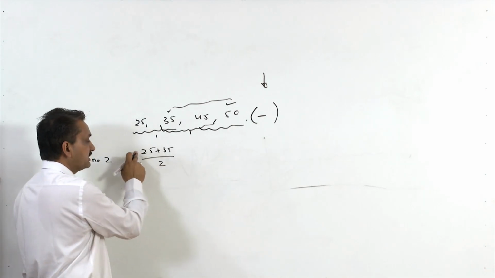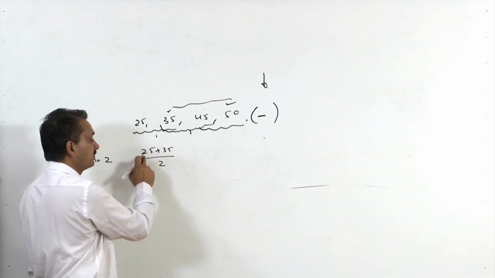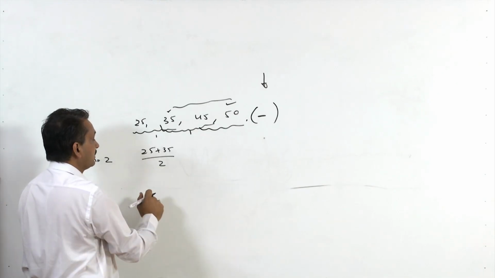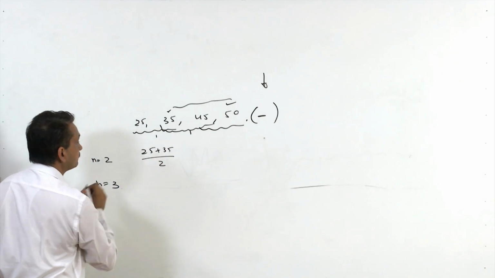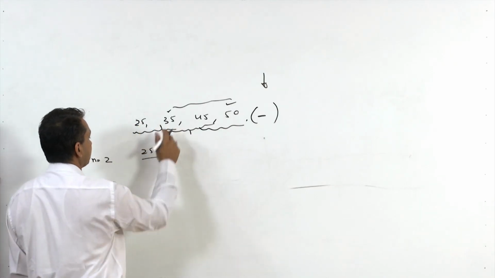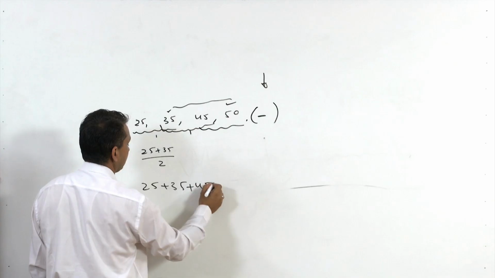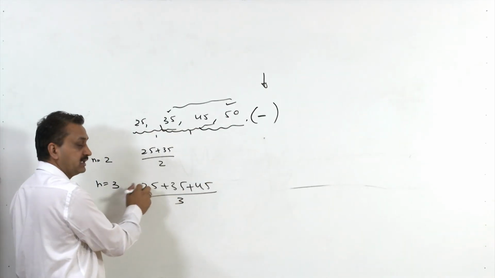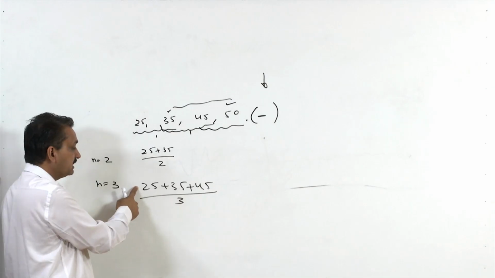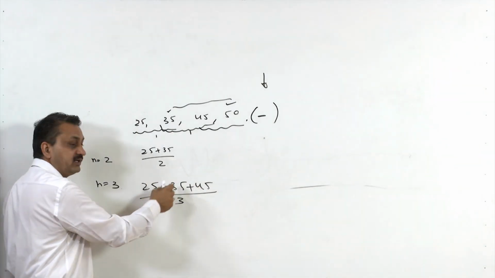So, 50% weightage is given to this, 50% weightage is given to this, right? When n is equal to 3, you take the average of these 3, 25 plus 35 plus 45 divided by 3. So, the weightage given to each data point is 0.33, 1 by 3, 1 by 3, 1 by 3. So, we have given equal weightages.